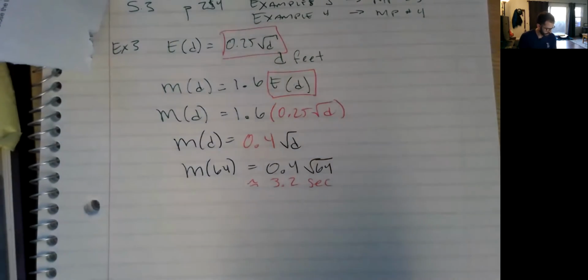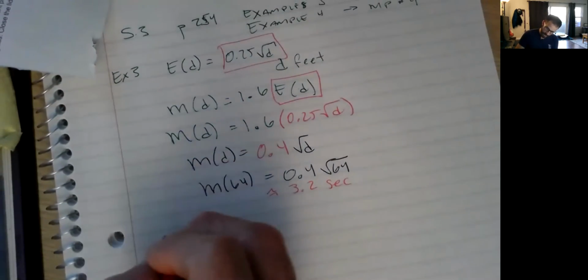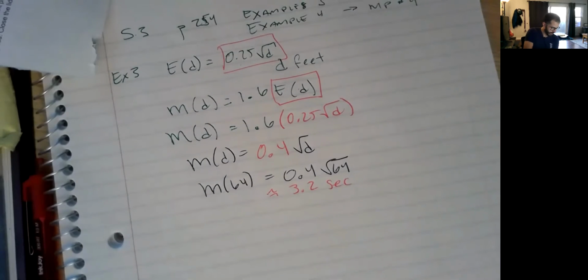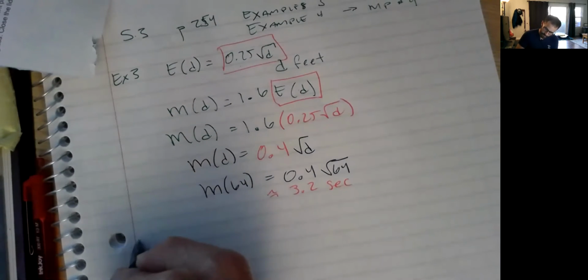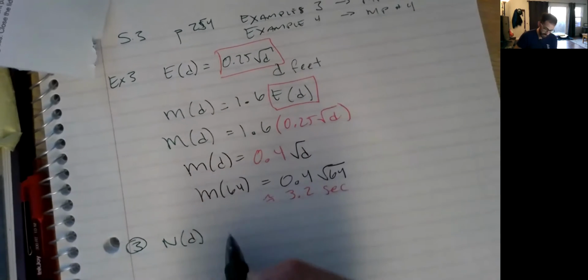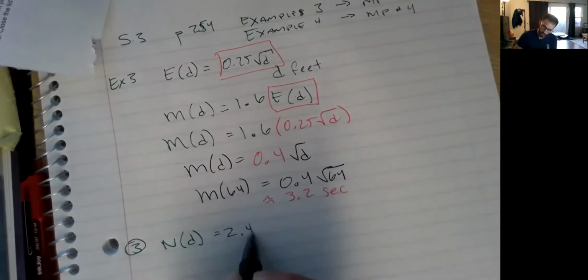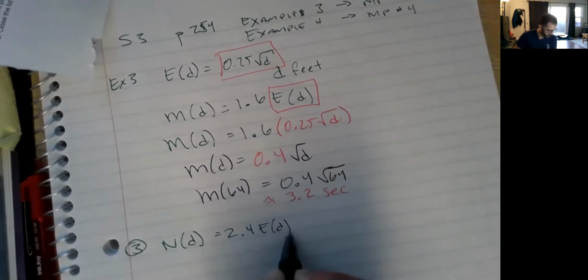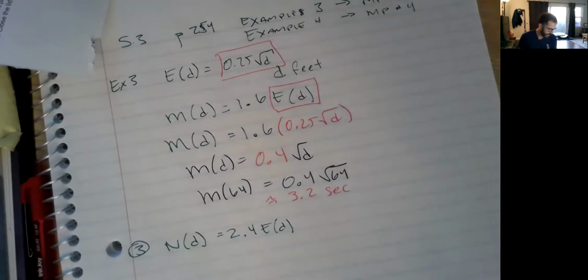The function, and the one was red, n of d. So this is number 3 at the bottom of the page. The function n of d is equal to 2.4 e of d, and that's for how long it takes in seconds for an object to fall d feet on the moon. Write a rule for n and then plug in 25.